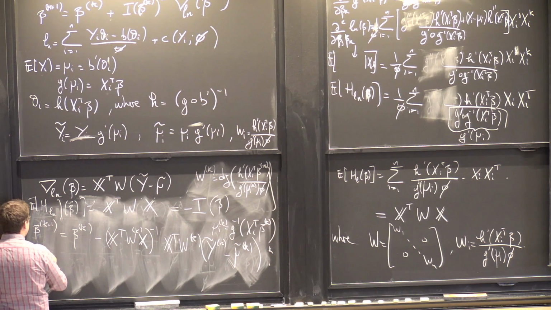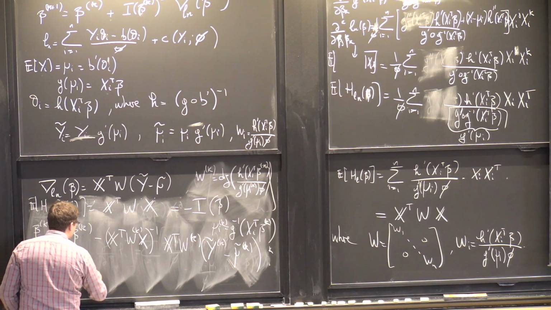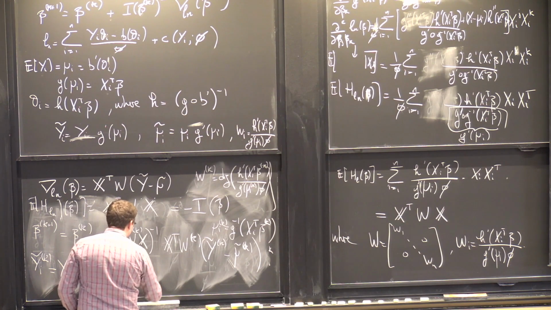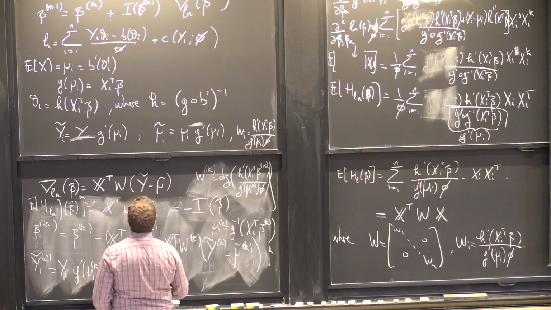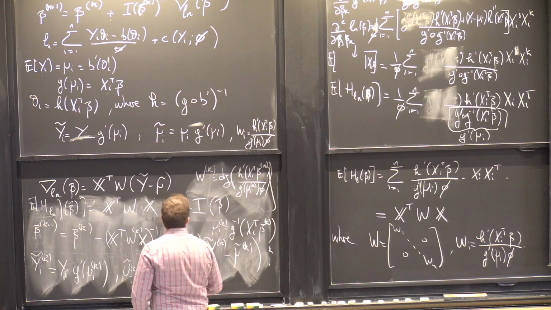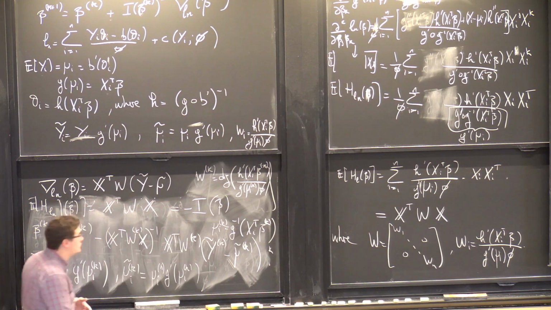Y tilde k just means that's just yi times G prime of mu I k, and mu tilde k, if I look at the ith coordinate, is just mu I times G prime of mu I. Okay, so I just add superscripts k to everything, so I know that those things get updated in real time. Every time I make one iteration, I get a new value for beta, I get a new value for mu, and therefore I get a new value for W.